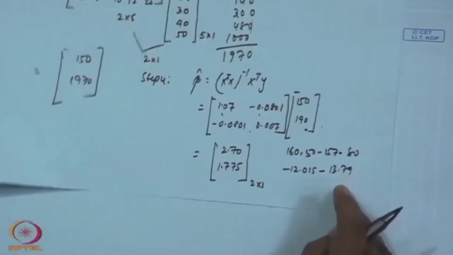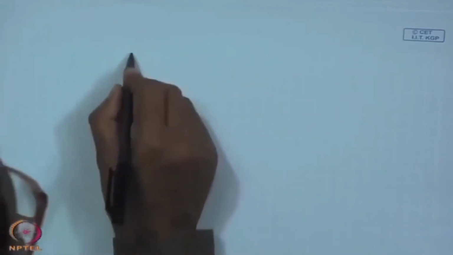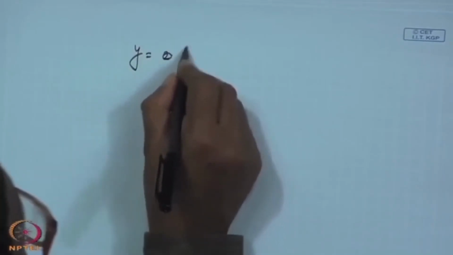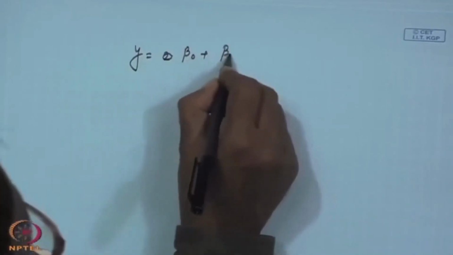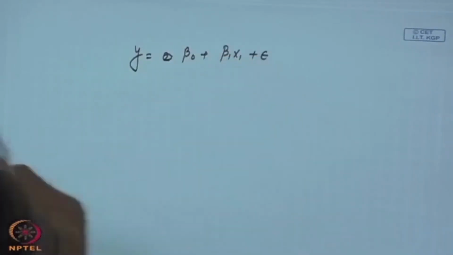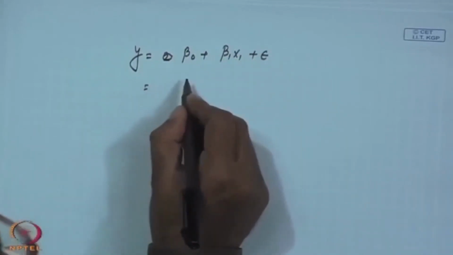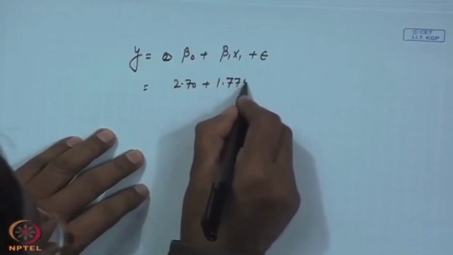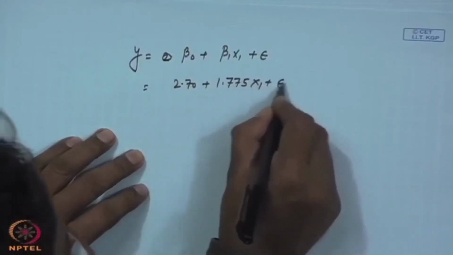Okay. If this is the case, so my regression equation is now y equal to beta 0 plus beta 1 x1 plus epsilon equal to 2.70 plus 1.775 x1 plus epsilon.